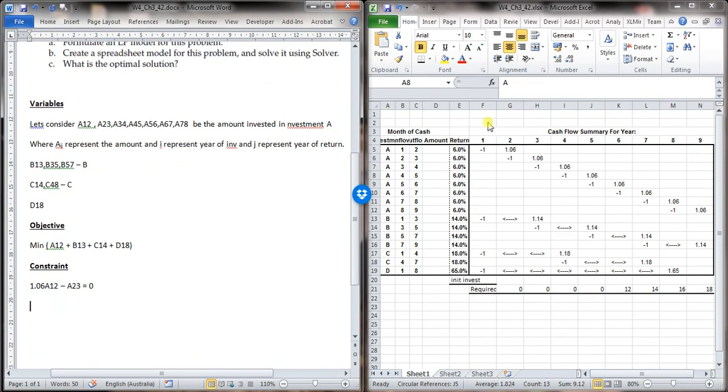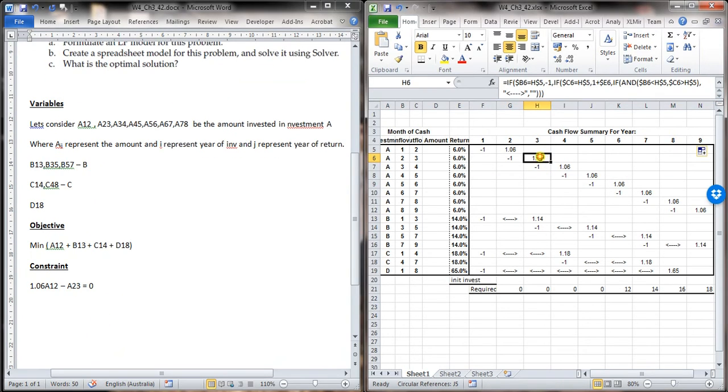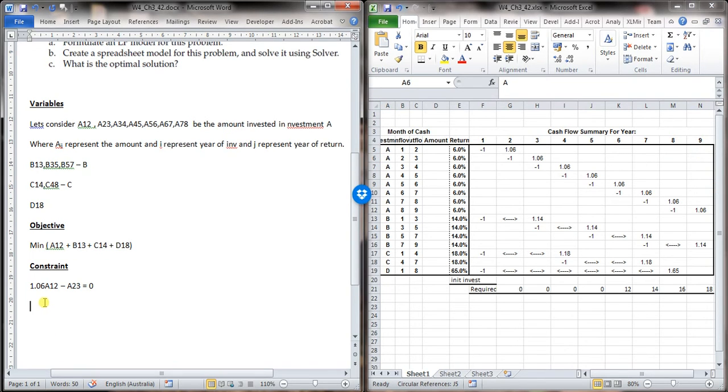That is 1.06 A23, that is return from the previous year, plus return from B's investment, that is B13, because B matures in 2 years, right?